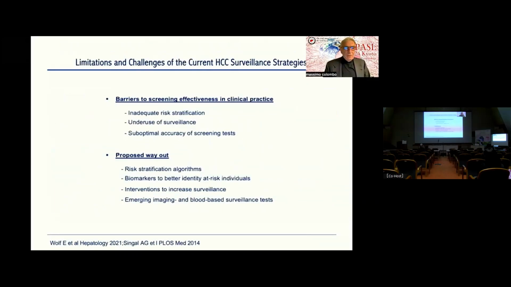Altogether, this accounts for the limitations and challenges in the current criteria for risk-stratified surveillance strategies, and the barriers most often encountered are inadequate risk stratification, as we said, and the availability of screening tests of suboptimal accuracy.